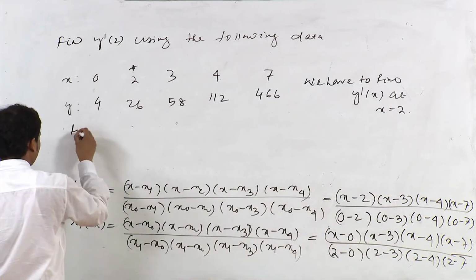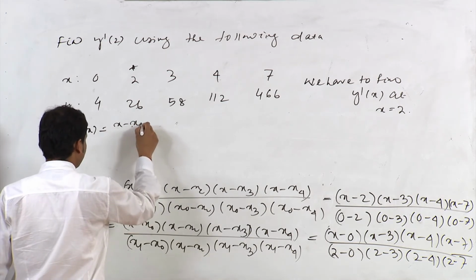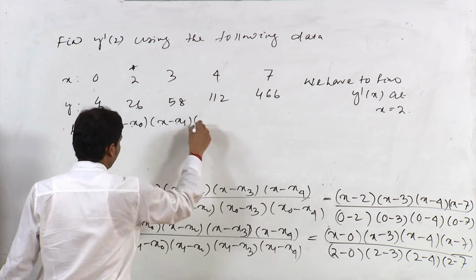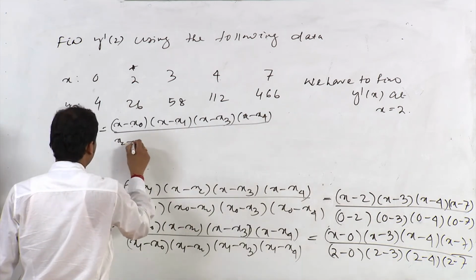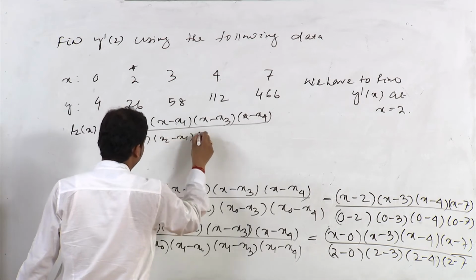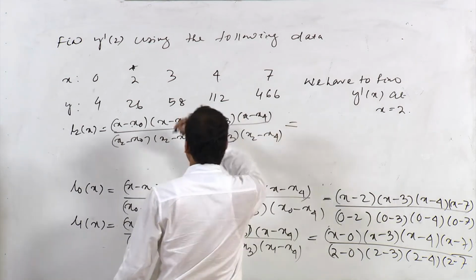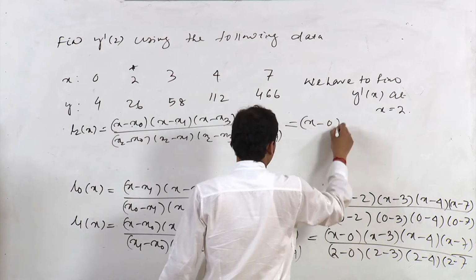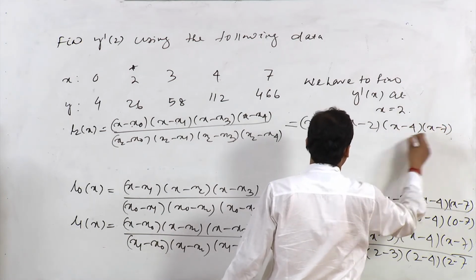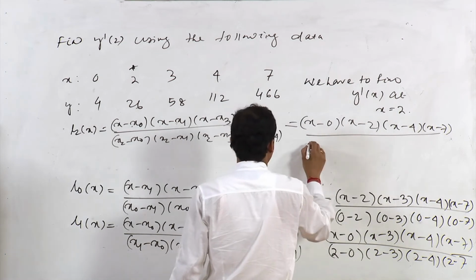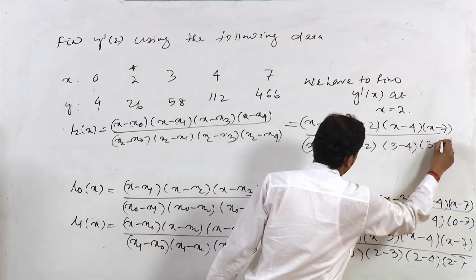Similarly, we can write L2(x) as x minus x0, x minus x1, x minus x3, x minus x4 divided by x2 minus x0, x2 minus x1, x2 minus x3, x2 minus x4, which can be represented in the data points as x minus 0, x minus 2, x minus 4, x minus 7 divided by, the point here is 3, so 3 minus 0, 3 minus 2, 3 minus 4, 3 minus 7 here.